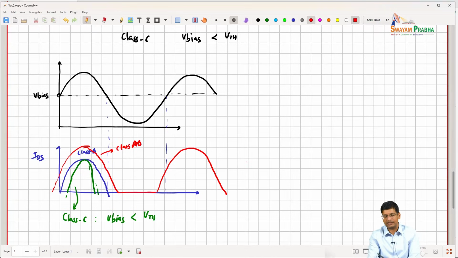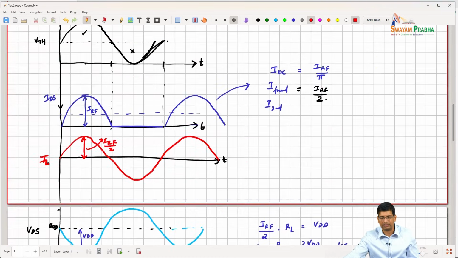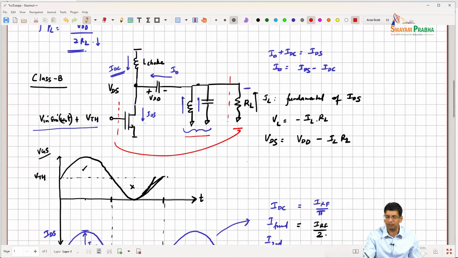In all cases, the IDS contains both fundamental and harmonic components and a DC component, of course. But the job of this filter is to take out the harmonic components, leaving only the fundamental to go through. So from the perspective of looking from here to here, you are linear from input to output.